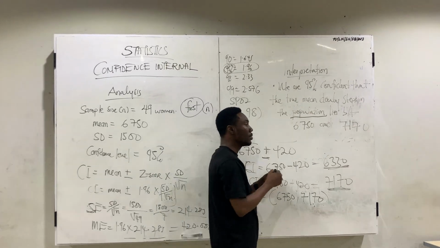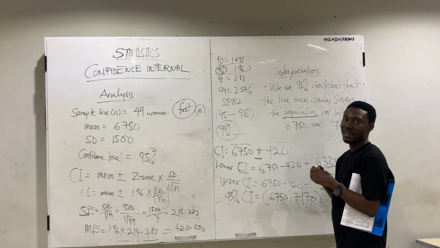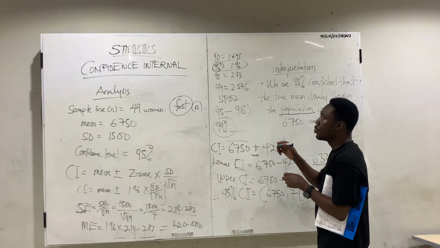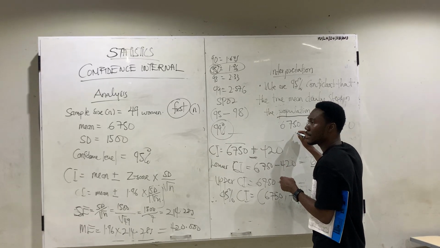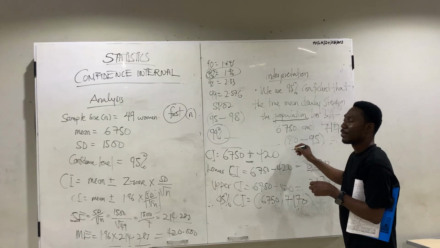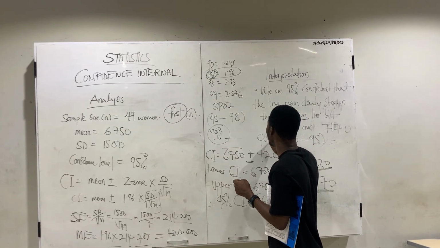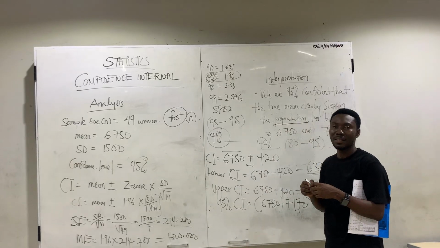Let's assume we are dealing with diastolic blood pressure in a certain sample. We use it to do the confidence interval, and we had, let's say, 80 to 95. And the confidence we are working with is, let's say, 90. And we ask you to write the interpretation.